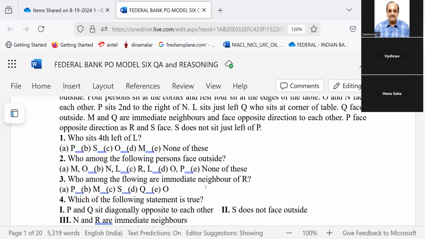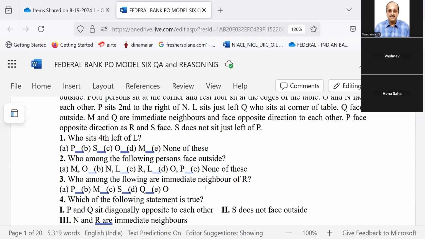Sorry, sir, RL. 3C. Option C. Then question number 3: among the following are immediate neighbor of B. Option A. Correct.